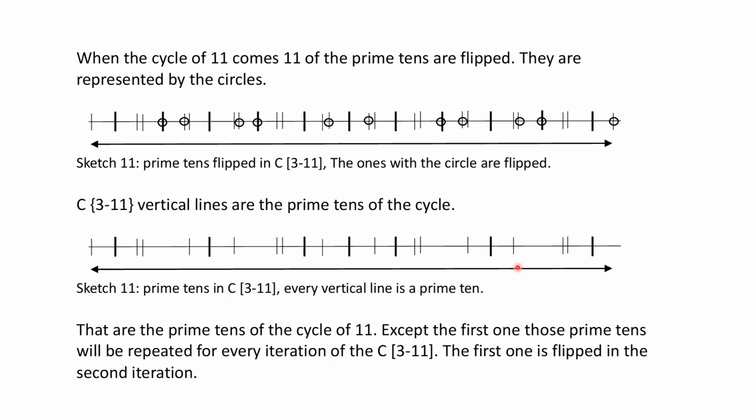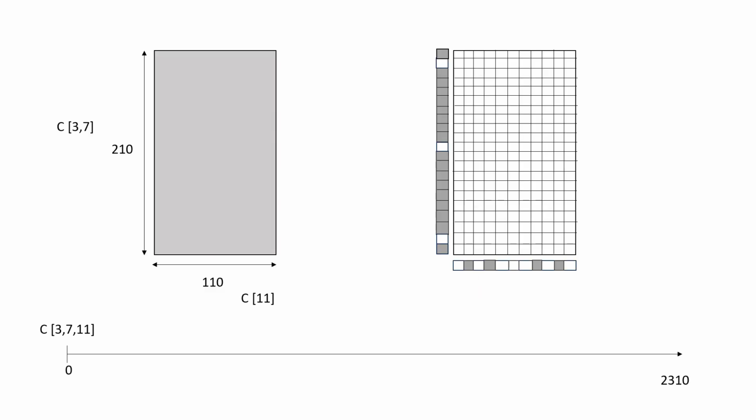All of them are repetitions of the cycle of 3 and 7, but with added spaces by the flips of the coming prime numbers. This is the combination of the cycle of 3 and 7 with the cycle of 11. They are merging and they will form the cycle of 3 through 11 that goes from 0 to 2310.